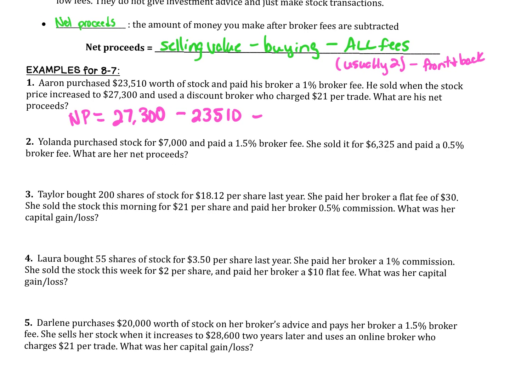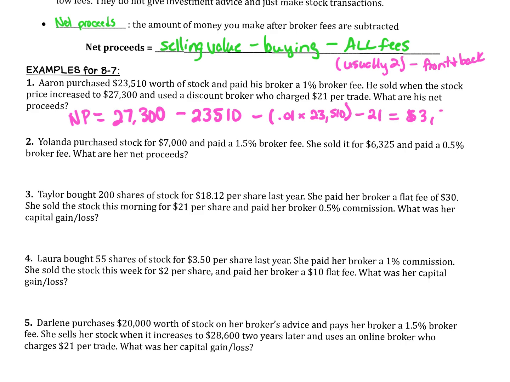So the first fee is the 0.01 times 23,510. And then on the back end, it's that $21. So let's see how much that is.